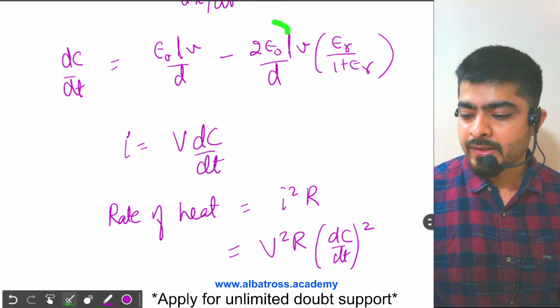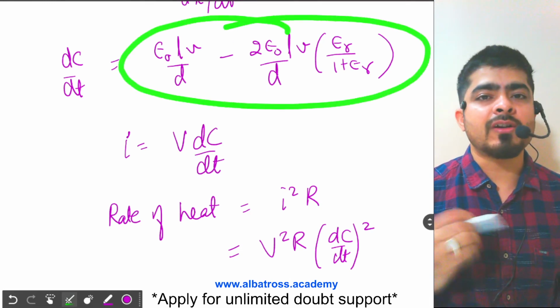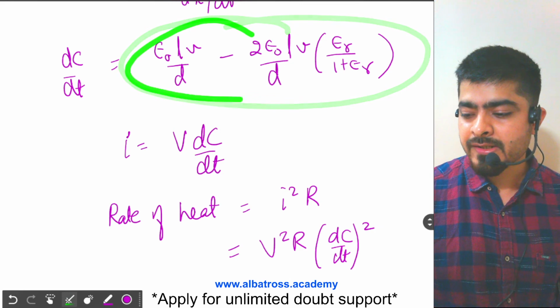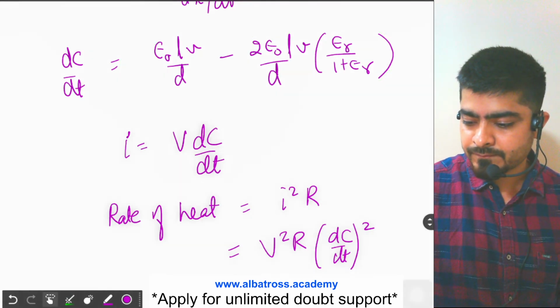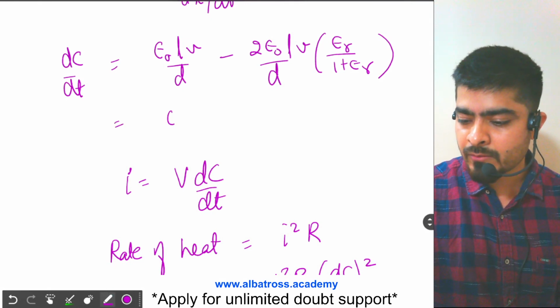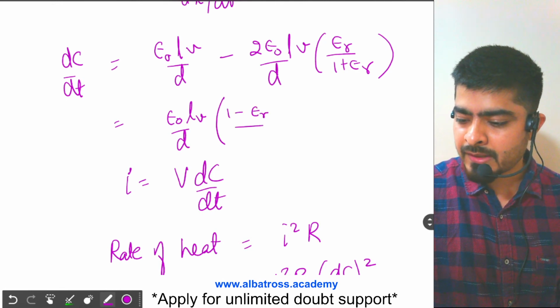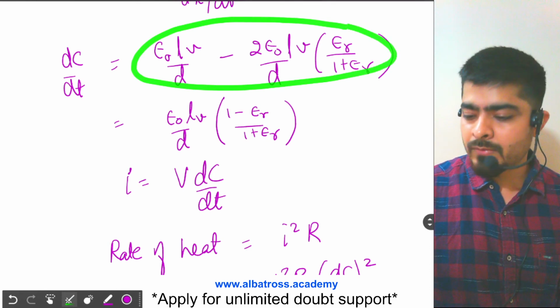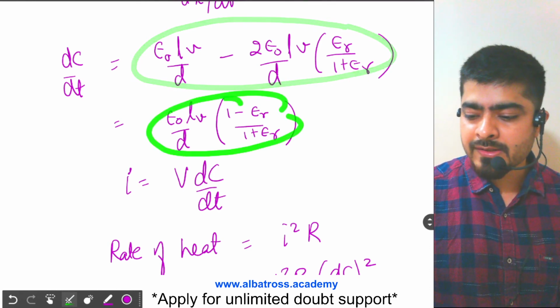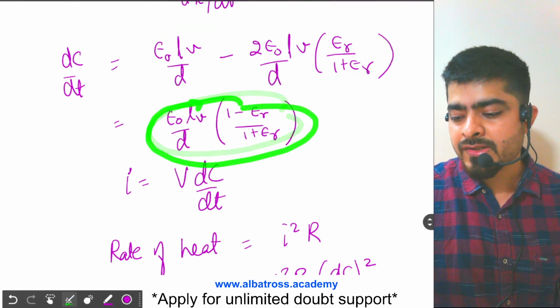Now understand something. This whole expression is a constant. Let me simplify the expression as well. This will be equal to epsilon naught L by d times v times 1 minus epsilon r by 1 plus epsilon r. When you simplify the whole formula, you will get this value. Now this is a constant because nothing over here is changing with time.